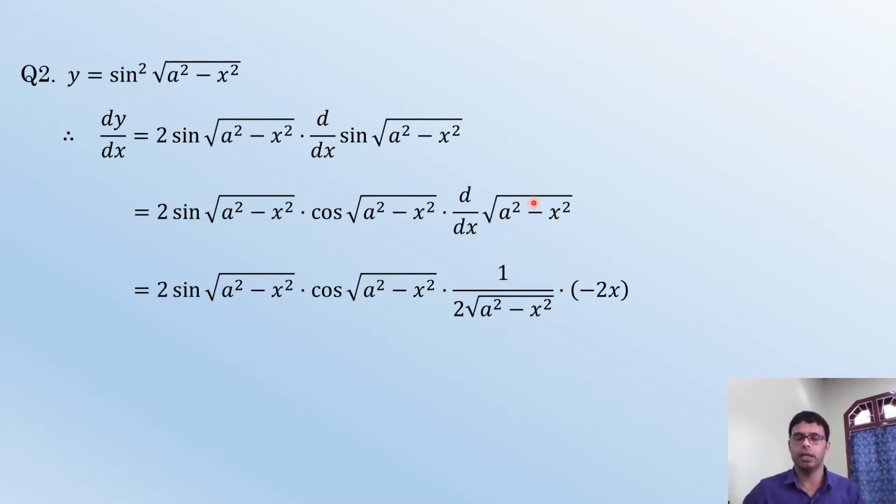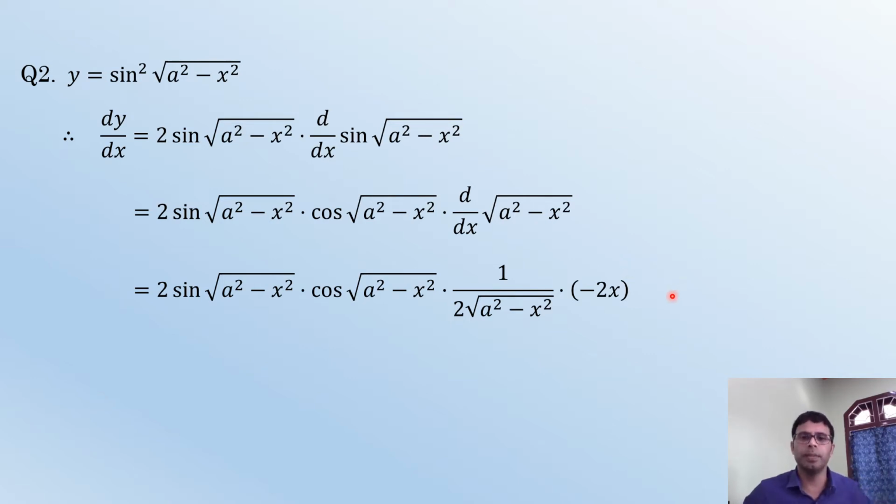I told you in the previous screen that the derivative of a root over function is 1 by 2 root over. So d/dx of root over something is 1 by 2 root over this term. But this term is considered as x, so d/dx of this term by chain, I am not writing here. So the derivative of a square minus x square is: a square is 0, minus x square is minus twice x. That line is skipped here. Actually here it is the term d/dx of a square minus x square, and that is written directly here.